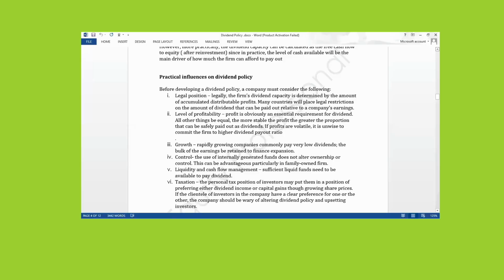If a company's profit is stable, stability of earnings will affect dividend policy. And please note, it is not mandatory for companies to pay dividends. Dividend payment is at the discretion of the company's directors. Directors may decide to pay dividends or not to pay.